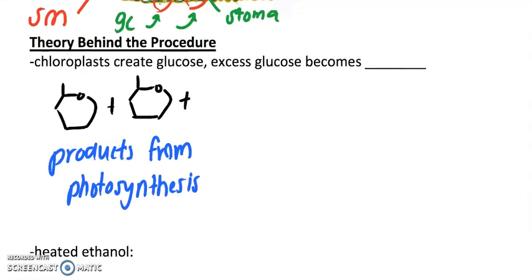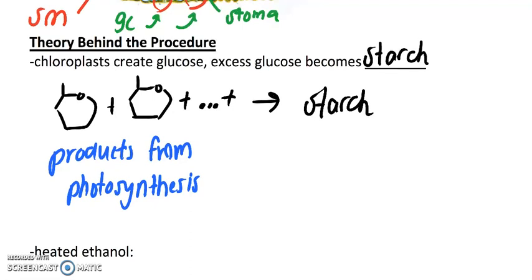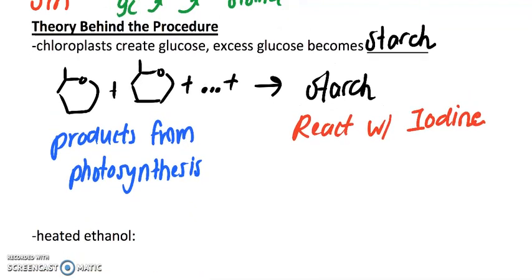This is going to become starch. So excess glucose is going to become starch, a storage form of glucose. And we know that this is going to react with iodine. Okay, but now why are we going to use heated ethanol in this experiment?